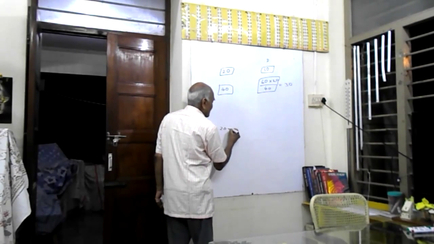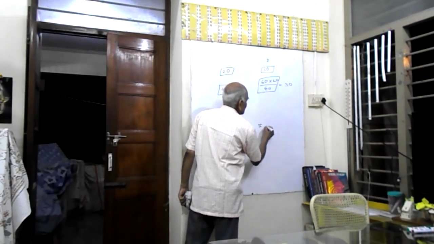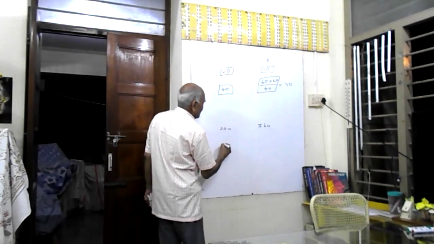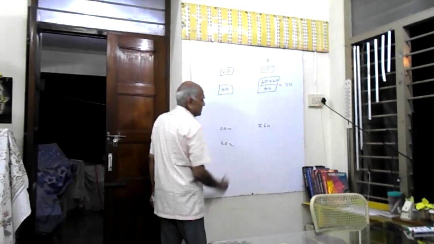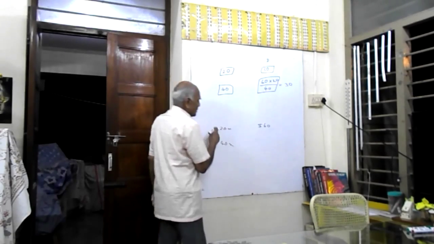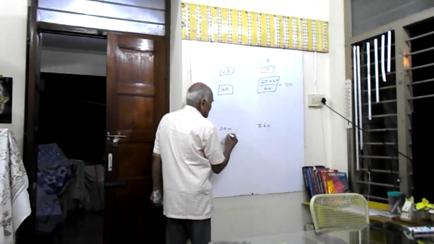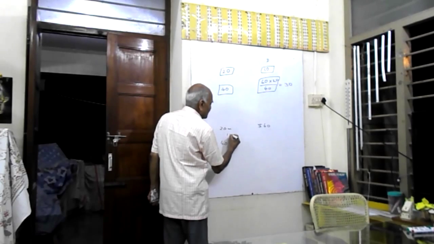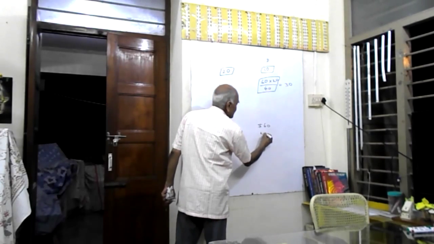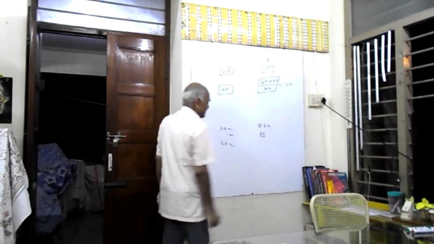Let us take this one. 20 meters of cloth, $60. 40 meters of cloth, how many dollars? 20 meters, so much. So 1 meter will be 60 divided by 20.